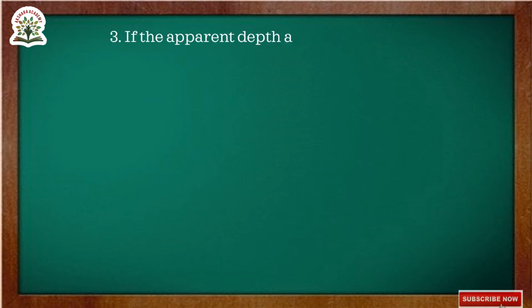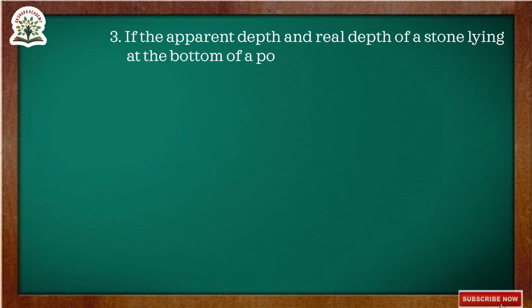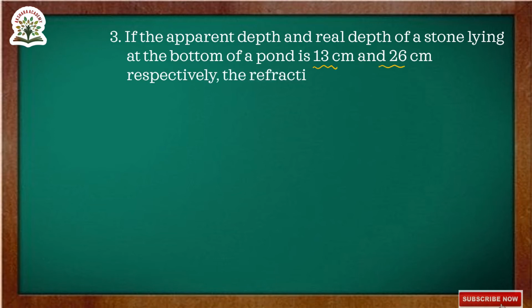Third question. If the apparent depth and real depth of a stone lying at the bottom of a pond are 13 centimeters and 26 centimeters respectively, the refractive index of pond water is, here they have given apparent depth and real depth, and you have to calculate the refractive index of pond water. Let us go to the solution.